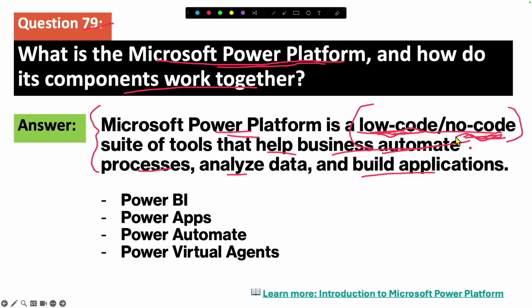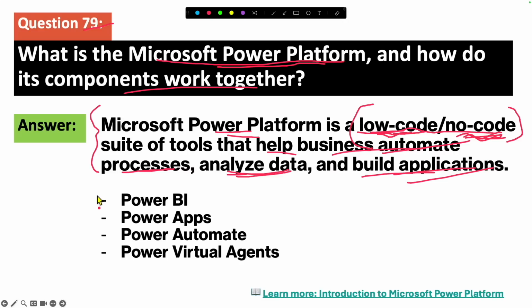Second, it can help a business automate processes using this tool set, or it can be used to analyze data, or to build applications, not super heavy monolithic complex applications, but tiny applications, yet so powerful to do some automation, fix some business logic, or reduce mundane or time-consuming tasks by having that automation flow.